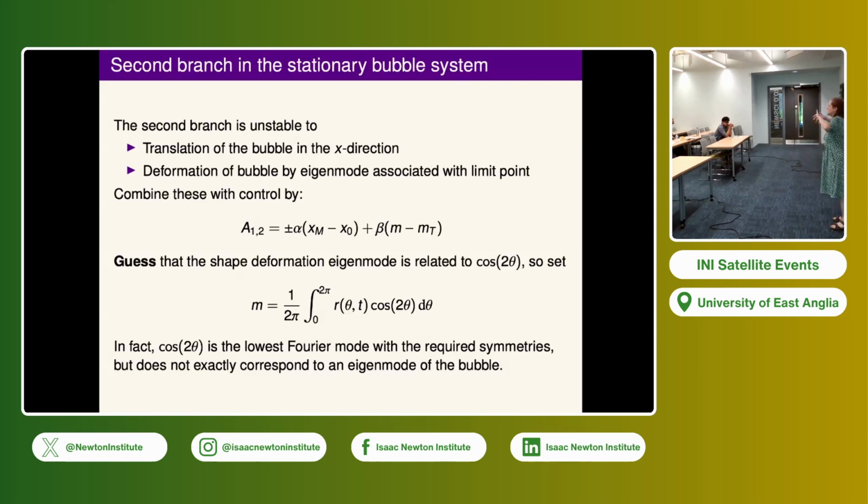We're looking at a bifurcation between 2 different sets of bubbles that satisfy that, and they have the same area. So the lowest Fourier mode that satisfies all of those symmetries is cos 2 theta. So we will just guess that if we measure the amount of cos 2 theta in the bubble shape, that will give us a good enough approximation of the bubble deformation.